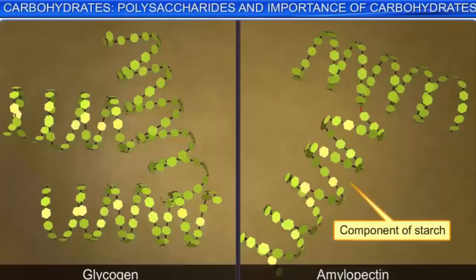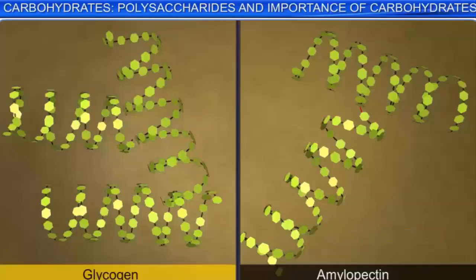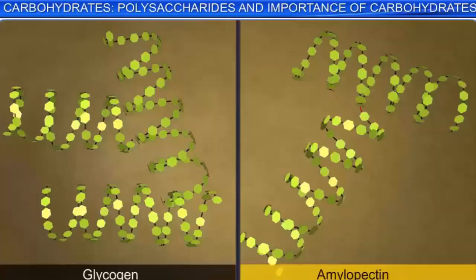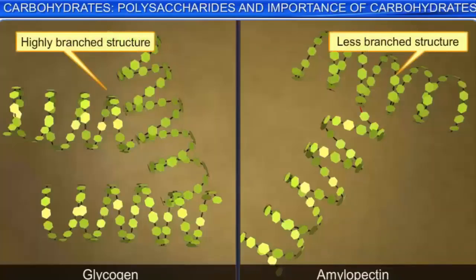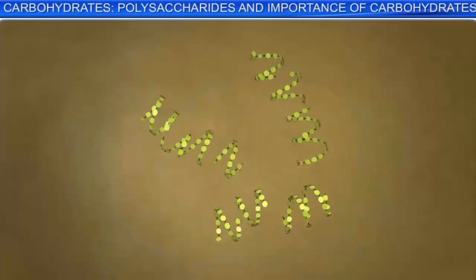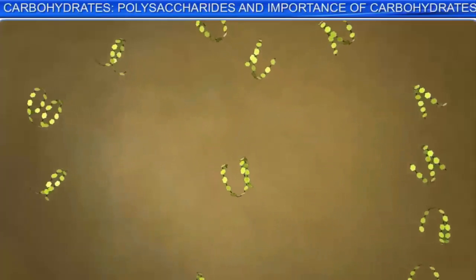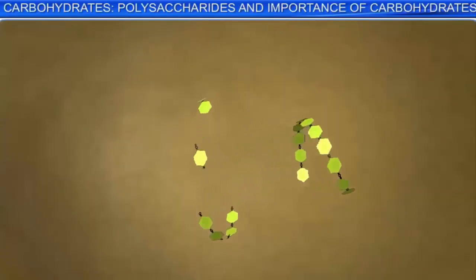Hence, it is referred to as animal starch. The structure of glycogen differs from that of amylopectin in that the molecules of glycogen have a greater degree of branching. Enzymes break down glycogen that is stored in the liver and muscles into glucose when the body needs it.